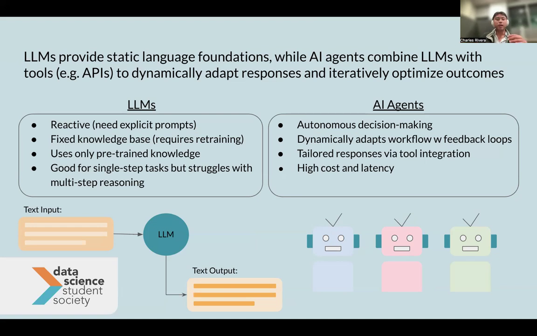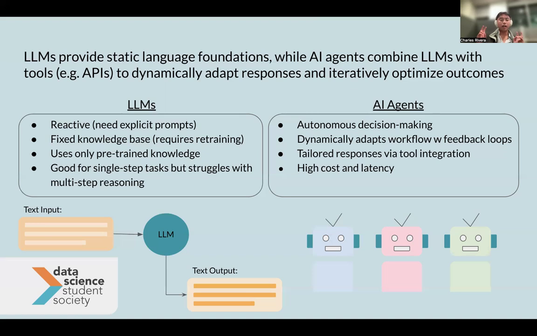We'll talk about it later, but there are different ways that we can construct AI agents to work. And one of those ways includes human in the loop feedback, but broadly, AI agents are more autonomous and require less human feedback.